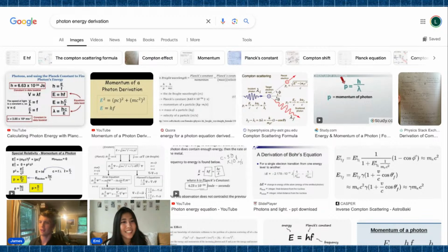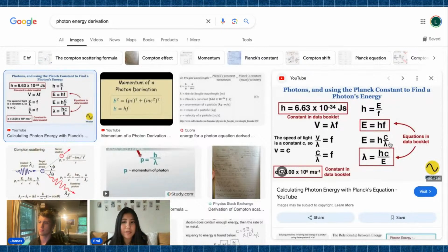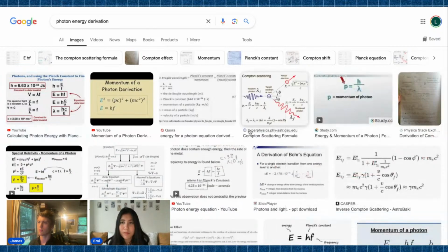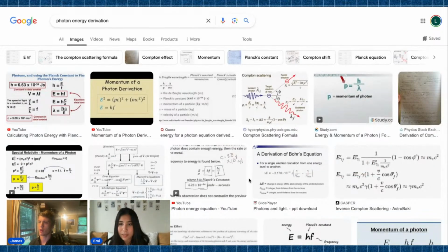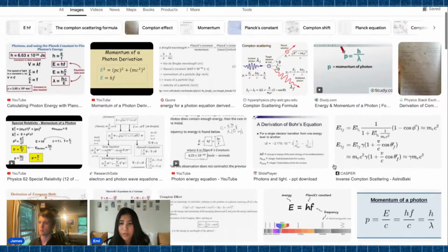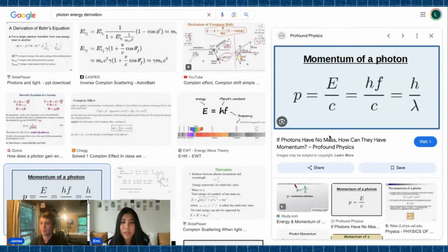So that's why we assume that if a photon travels at the speed of light, then you will always have your speed of light divided by your wavelength as the frequency. To find your momentum of a photon, which is p, you have the energy divided by the speed of light.